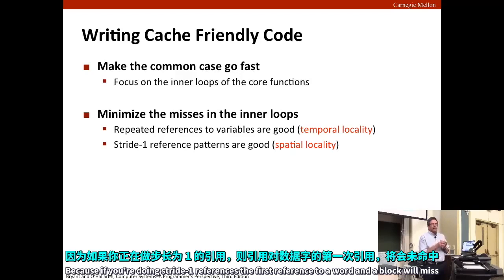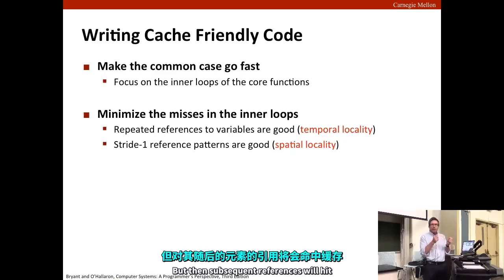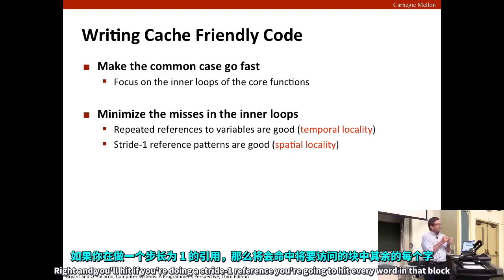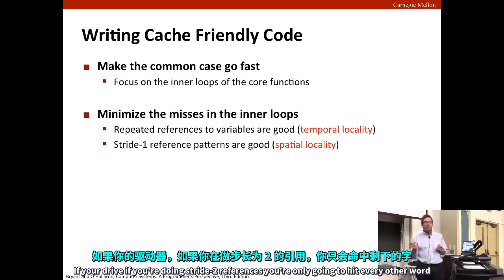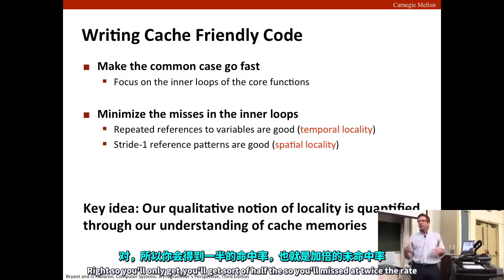Because if you're doing stride 1 references, the first reference to a word in a block will miss, but then subsequent references will hit. If you're doing a stride 1 reference, you're going to hit every word in that block. If you're doing stride 2 references, you're only going to hit every other word, so you'll miss at twice the rate.